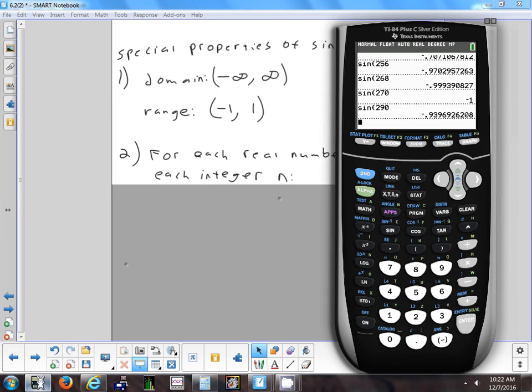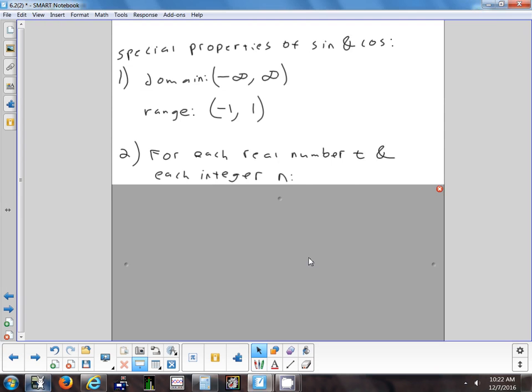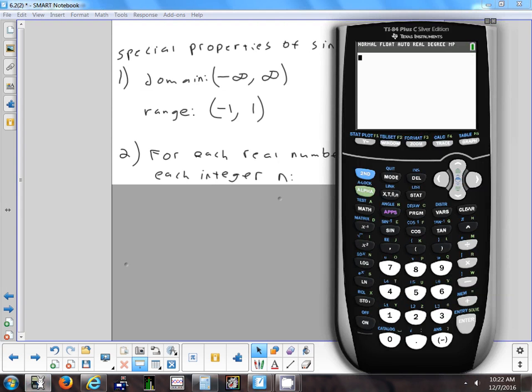Next pattern I want to take a look at: let's look at the sine of 10. How would I get an angle that's coterminal with 10? Add or subtract 360. So do either one that you want and tell me what the answer would be. 370.